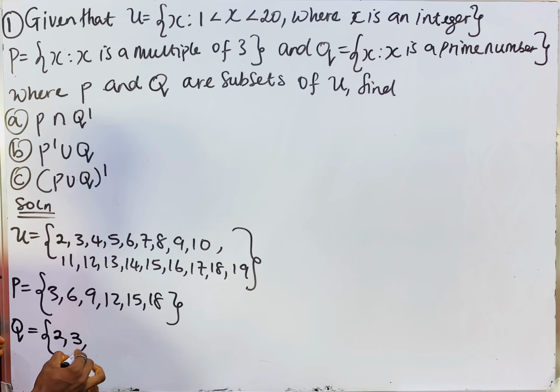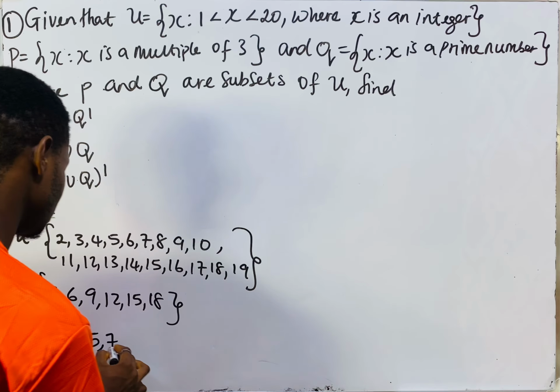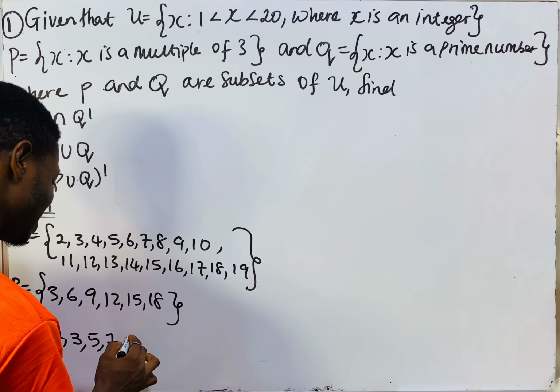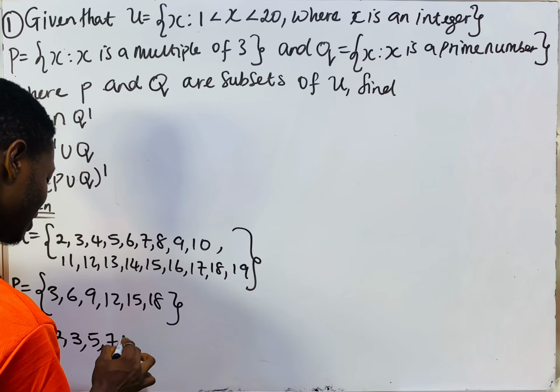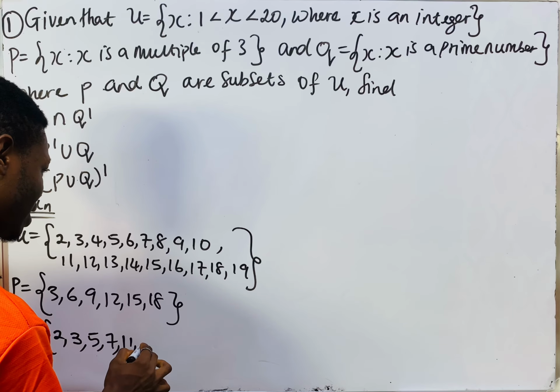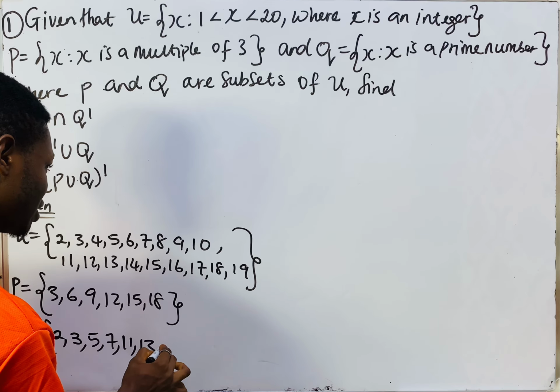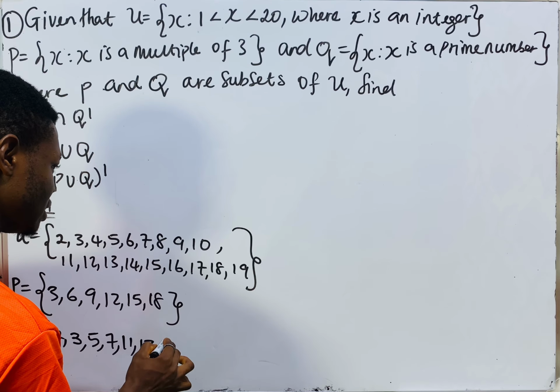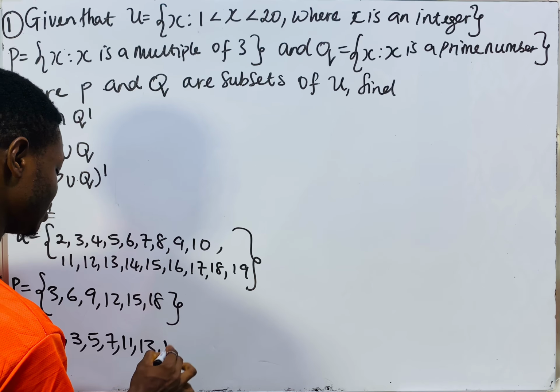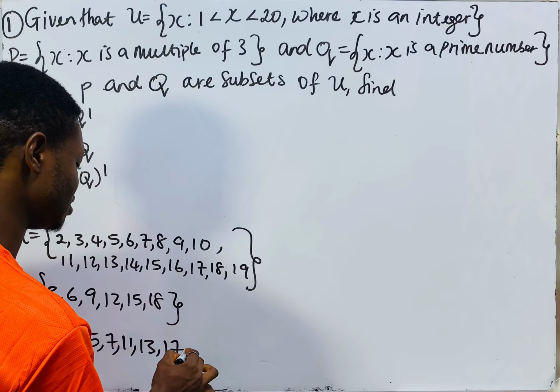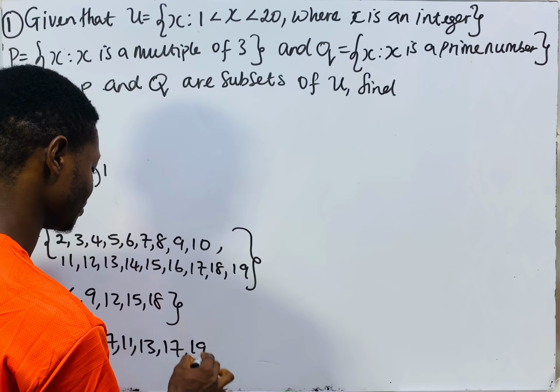We have 3, right? We have 5. We have 7, 8, 9, 10, 11. 11 is a prime number. 12, 13, 14, 15, 16, 17, 18, no, 19.